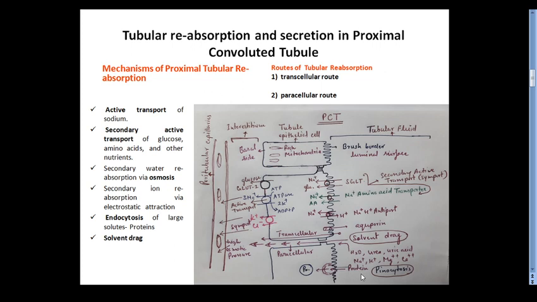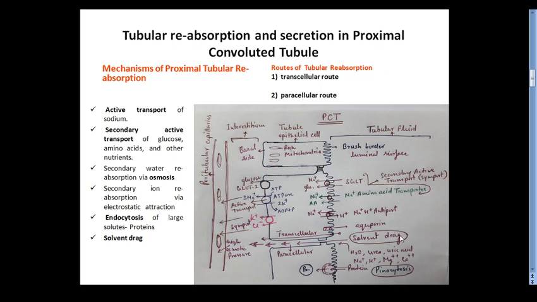But a few smaller size proteins get filtered and are again reabsorbed, but their size is large, so they cannot pass through these ion channels. So for the proteins, there is a mechanism called pinocytosis. When the protein attaches with the receptors over the luminal side of the membrane of the epithelial tubular cell, there is a presence of clathrin. So immediately the process of pinocytosis starts and the protein is engulfed by the cell.